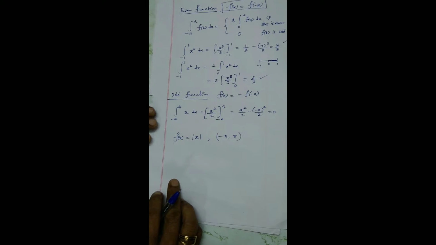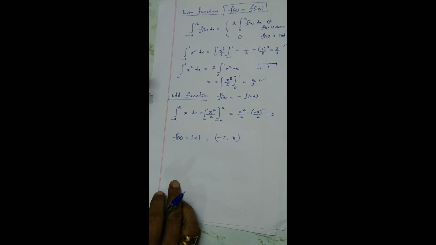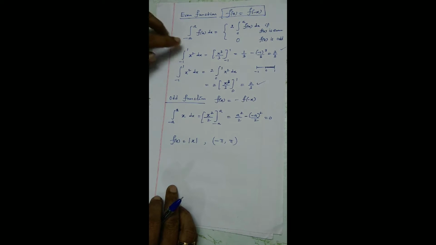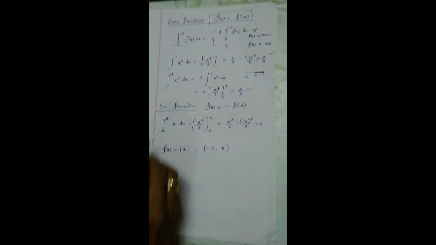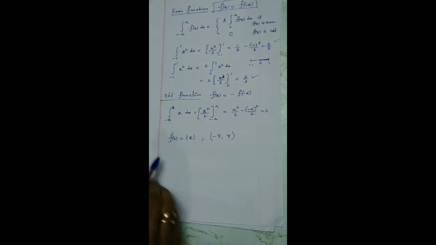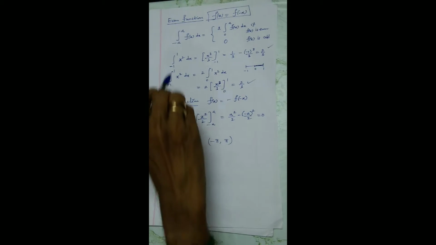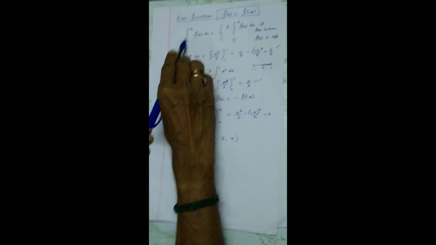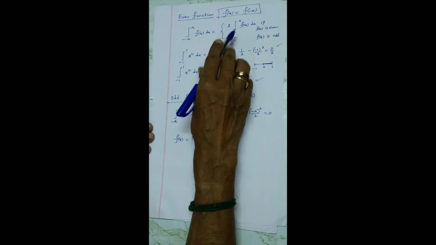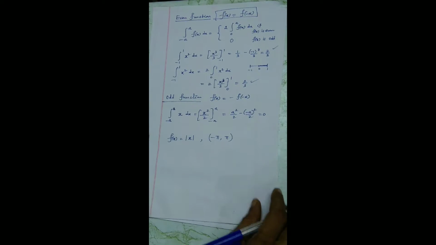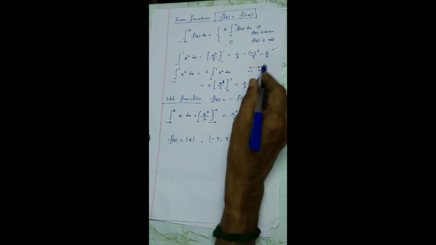So remember, when we apply even and odd functions, the limits should be minus a to plus a. That is very important. Then only I can apply this property. Otherwise, do not apply. Suppose the limit is 0 to 2 pi, do not apply this property. That is not correct. It should be minus a to plus a, spread out over the negative to positive range.